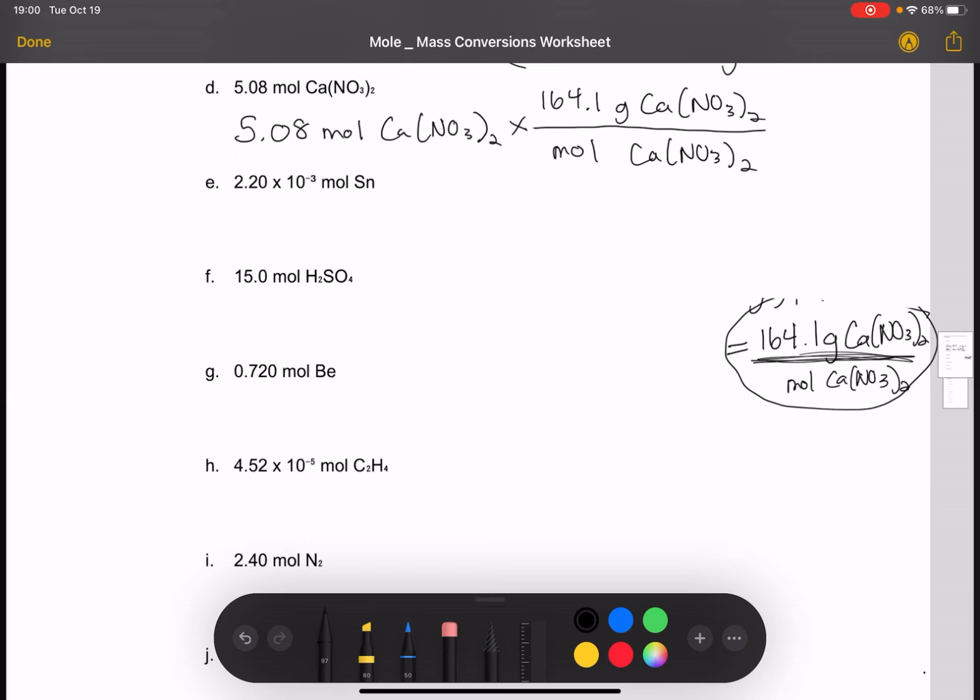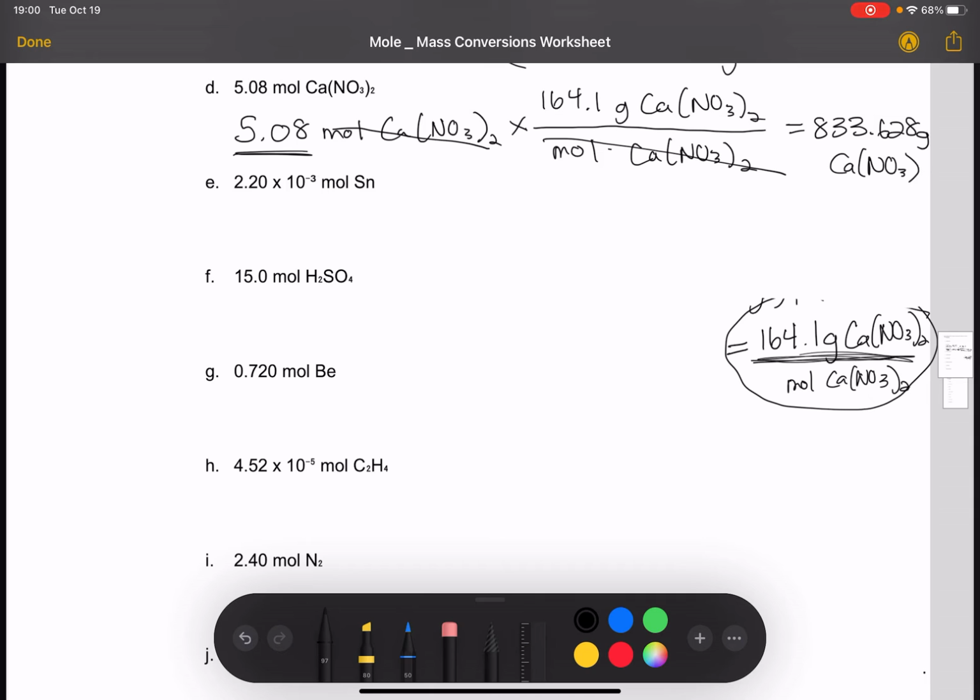These units cancel out, moles of calcium nitrate, and we're left with 5.08 times 164.1. So 5.08 times 164.1 equals 833.628 grams of calcium nitrate.